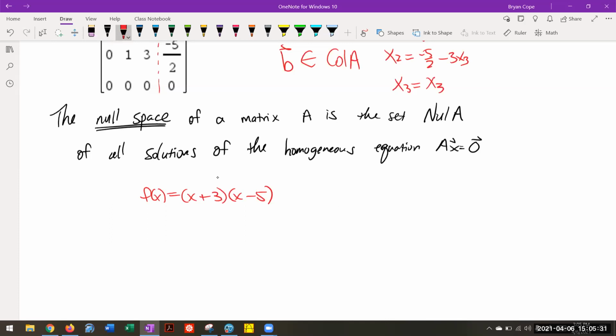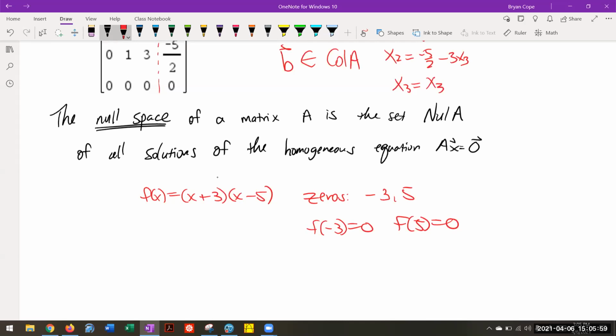So the null space is literally just the zeros of the transformation. If I asked you for the zeros of this, you would tell me it's -3 and 5, because those two numbers are the values that produce 0 as an output. f of -3 is 0 and f of 5 is 0. So the null space is literally just the stuff which becomes 0 under the transformation.